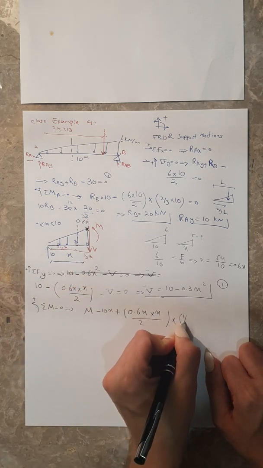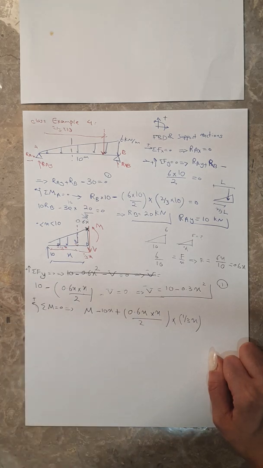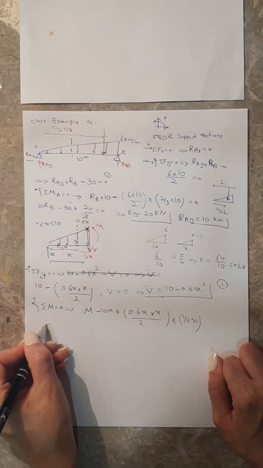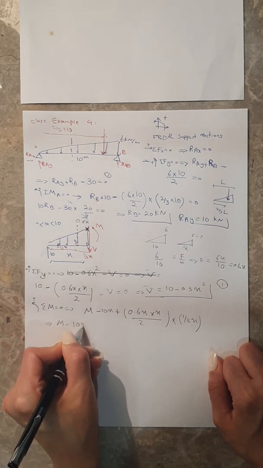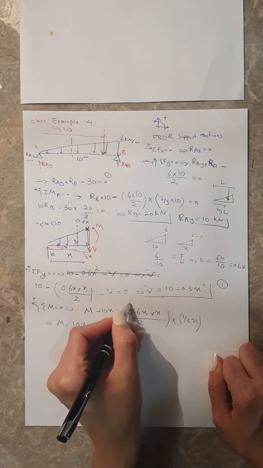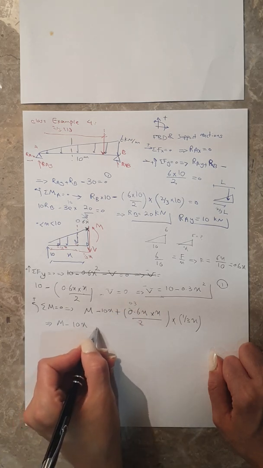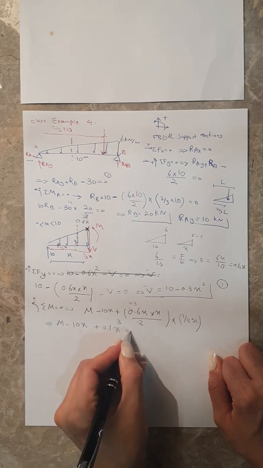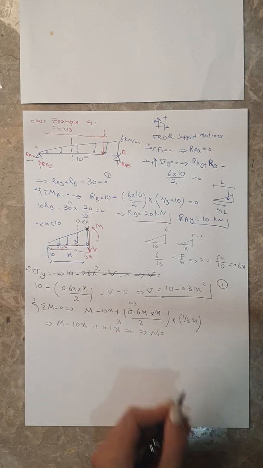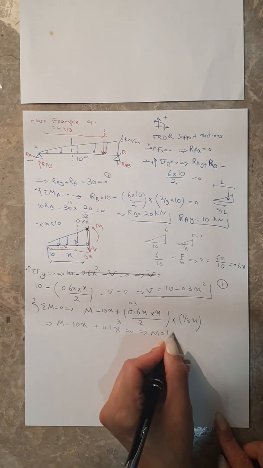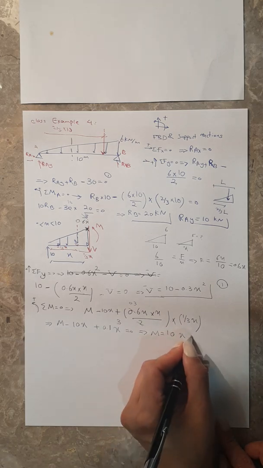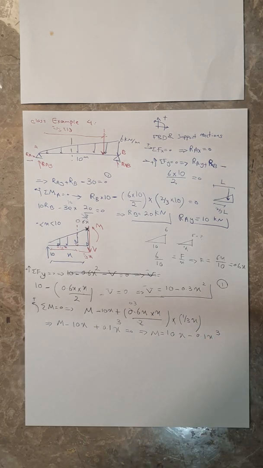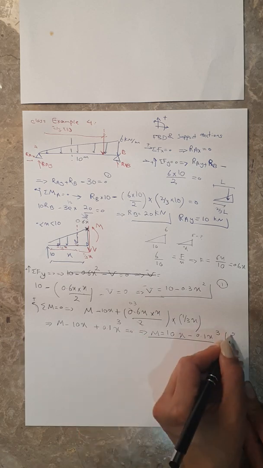It would be 1/3 of x here. And if you do the calculations, you're going to get M minus 10x plus 0.1x to the power 3 would be equal to 0, and this means that M would be equal to 10x minus 0.1x to the power 3. And this is my second equation.